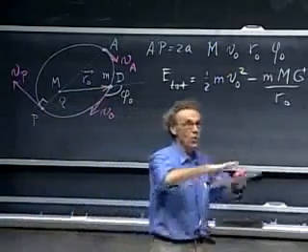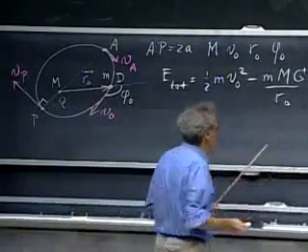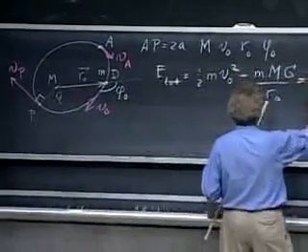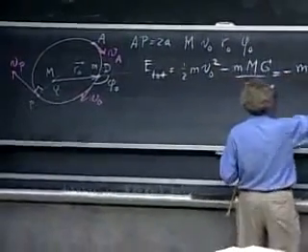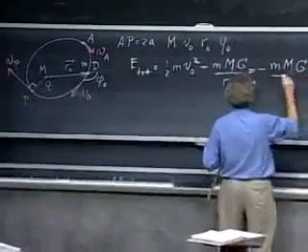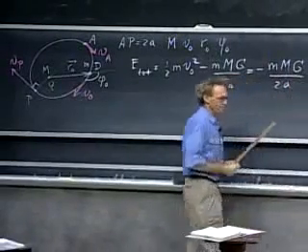This is the same throughout the whole orbit. So it must also be, according to equation 5, minus m M g divided by 2a.